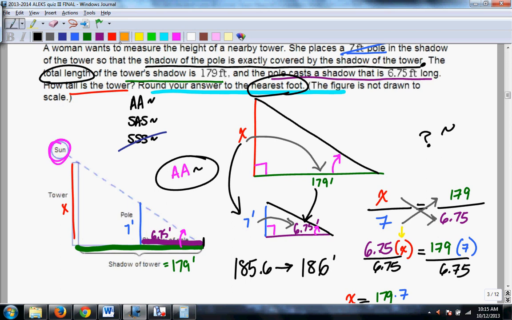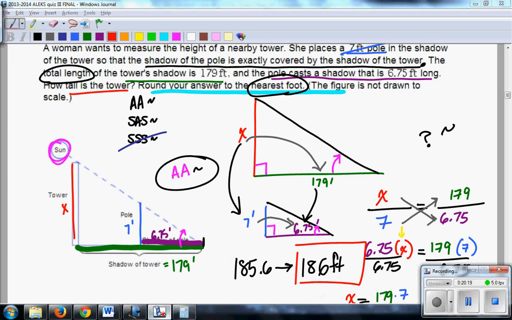Actually on ALEKS I think it's FT. So make sure you read the instructions about where to round, or you're going to get frustrated because you get the right answer, but you just plug it in at the wrong decimal. So make sure you read the instructions. Put your finger on the screen and read the instructions.